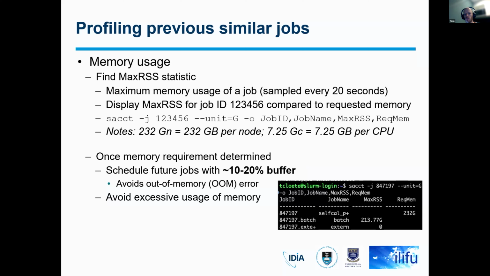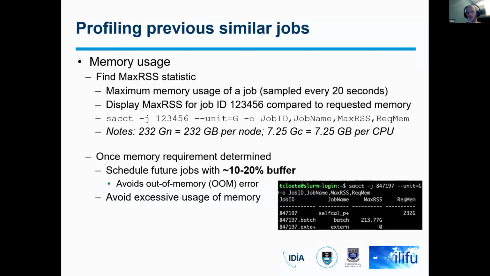In general, what you want to do here is you don't want to use exactly the same amount of memory that you see in the max RSS, for a few reasons. One of them is it's only sampled every 20 seconds, and there's also some random variation just based on your program running as well. So you really do want to avoid an out of memory error here, because if you're using more memory than you requested, obviously your program will probably crash.